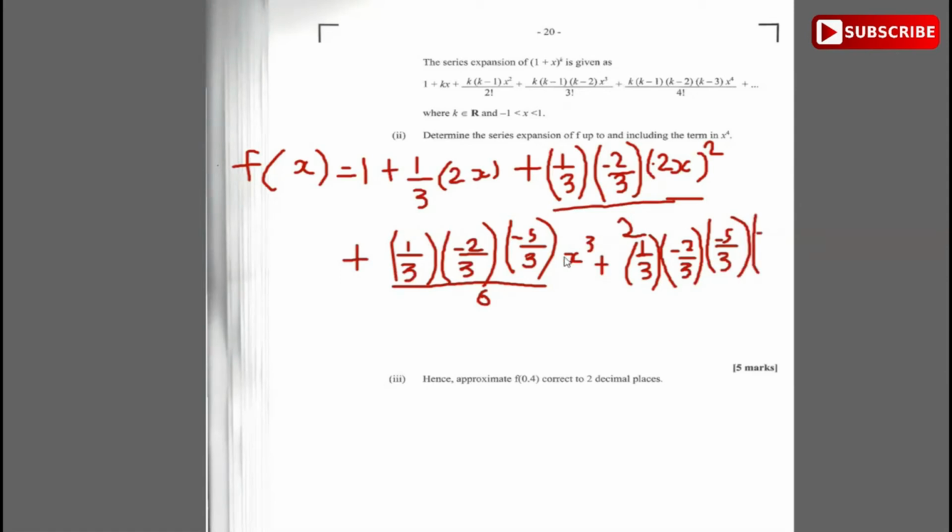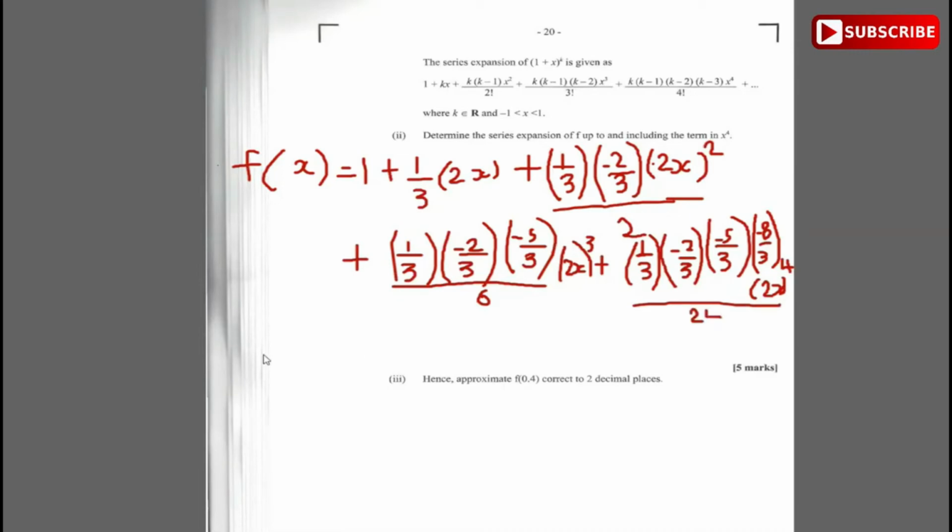All of this is multiplied by 2x to the 4th power divided by 4 factorial, and 4 factorial is 24.